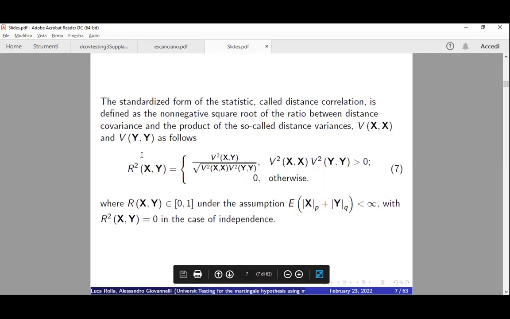This is the standardized form of the statistic, called the distance correlation, which takes values between 0 and 1. It takes value 0 in case of independence and 1 in case of perfect dependence between the two.